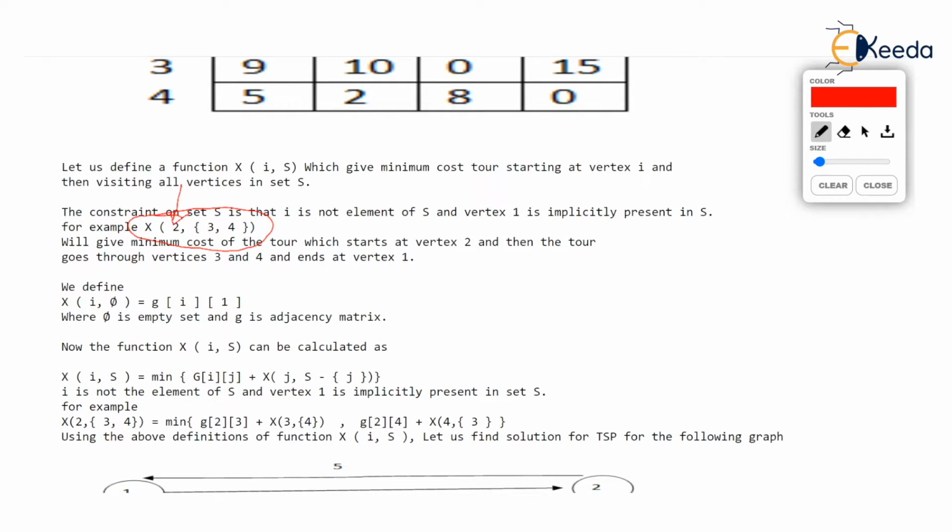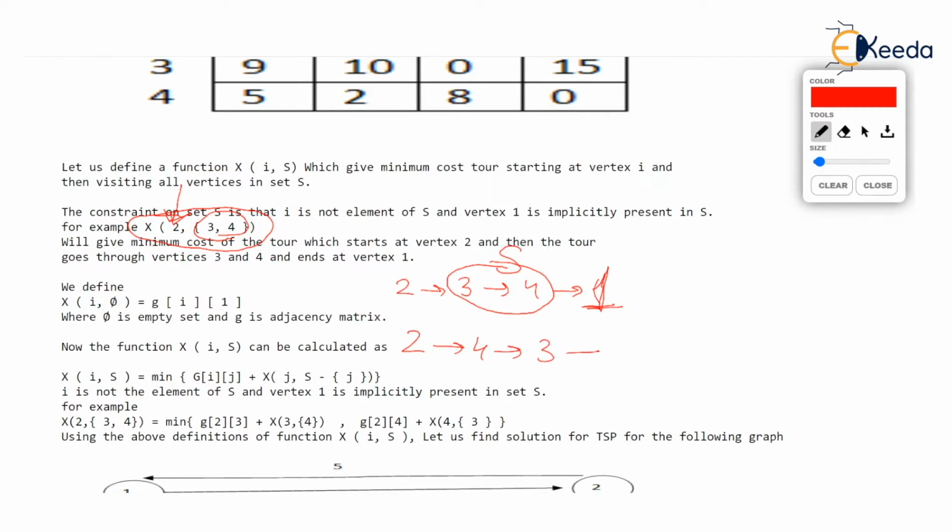After traveling vertex 2, you go to either 3 4 or 4 3 in any combination and then come back to 1. So, two possibilities here are you will go from 2 3 4 1. Observe 3 and 4 are the members of set S, and 1 is always there in set S. 1 is an implicit member. The other possibility is 2 4 3 1.